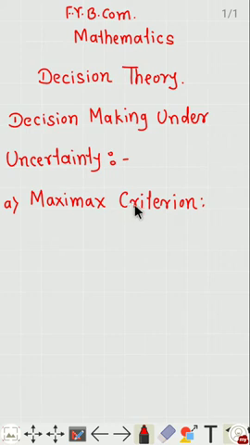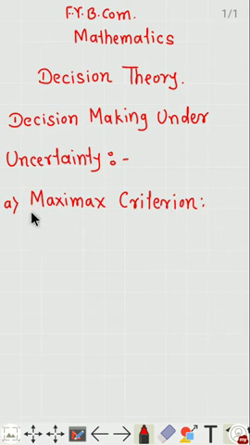In the absence of knowledge about the probability of any state of nature, the decision maker can arrive at a decision only on the actual conditional payoff values. We shall discuss the following four criteria that are available for decision making under uncertainty.